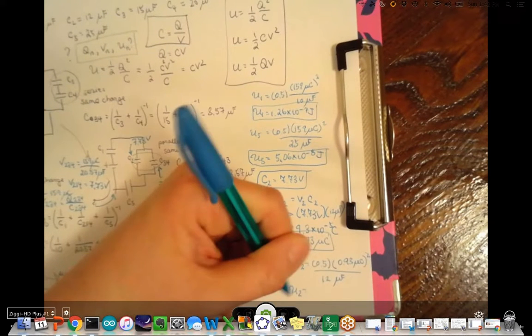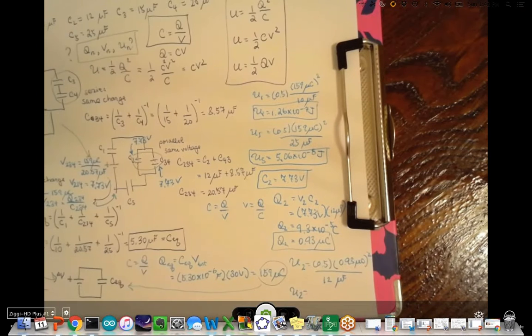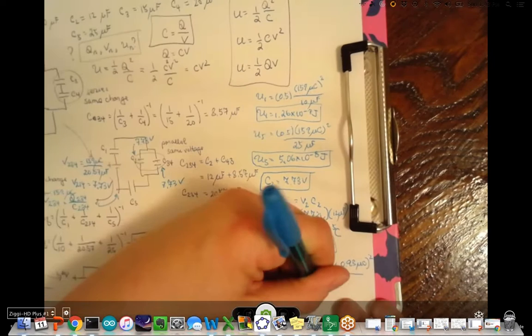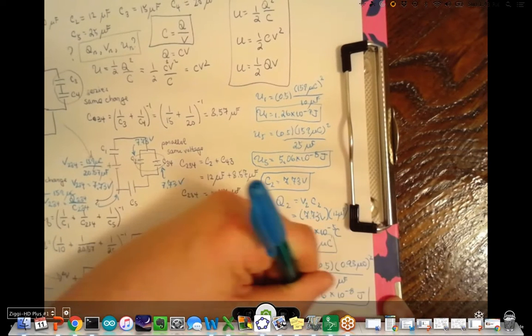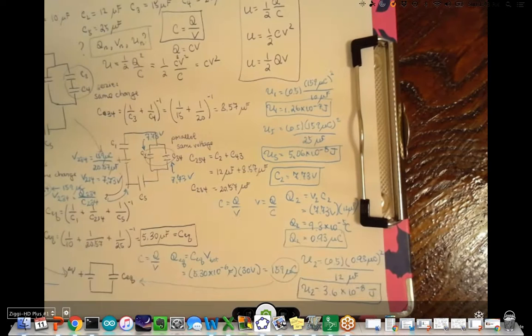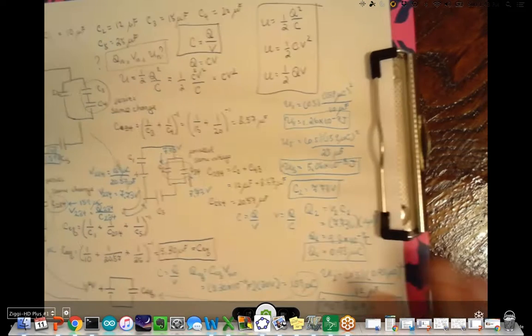So the energy stored on capacitor 2 is 0.5 times 0.93 e to the minus 6 squared divided by 12 e to the minus 6, which is 3.6 times 10 to the minus 8 joules. All right, so we figured everything out for those two.